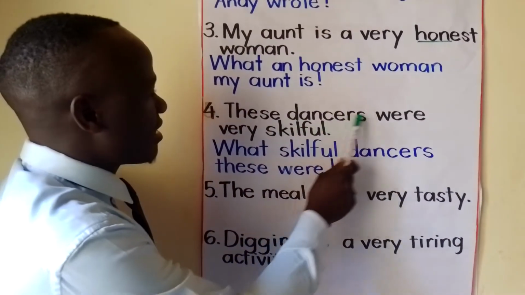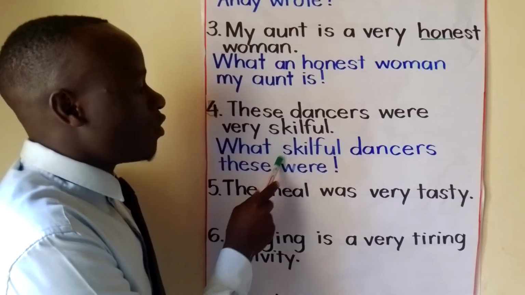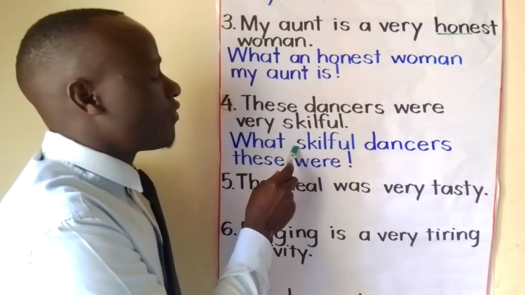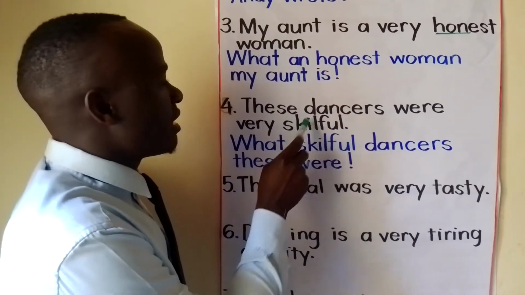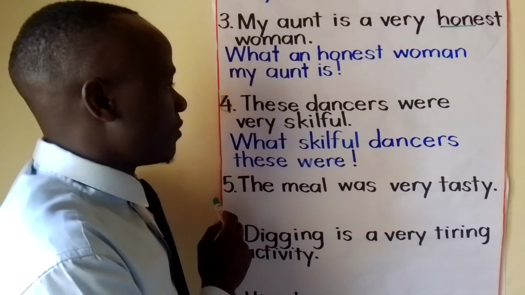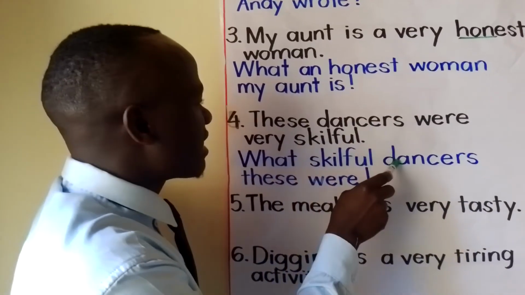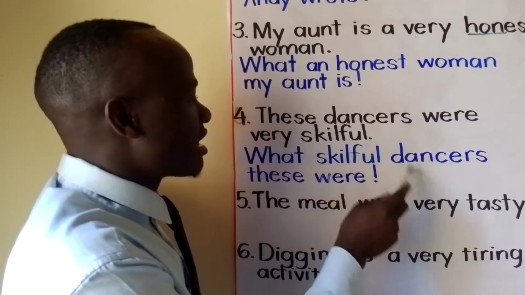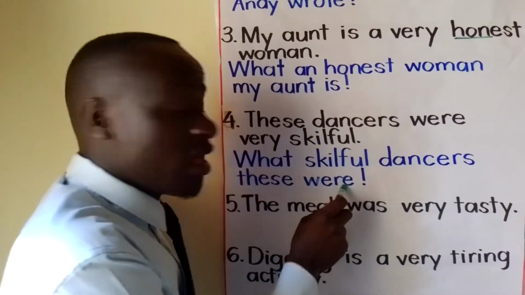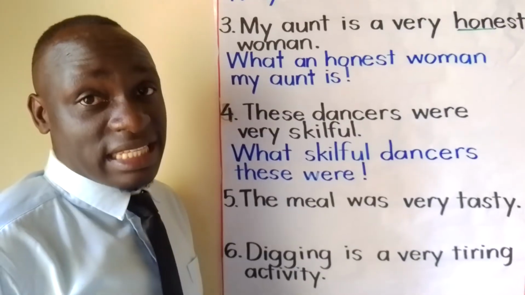These dancers were very skillful. So using what, the article will be dropped, meaning that what will be followed by the adjective, and the adjective is skillful. So we shall say, what skillful dancers these were, with an exclamation mark at the end.